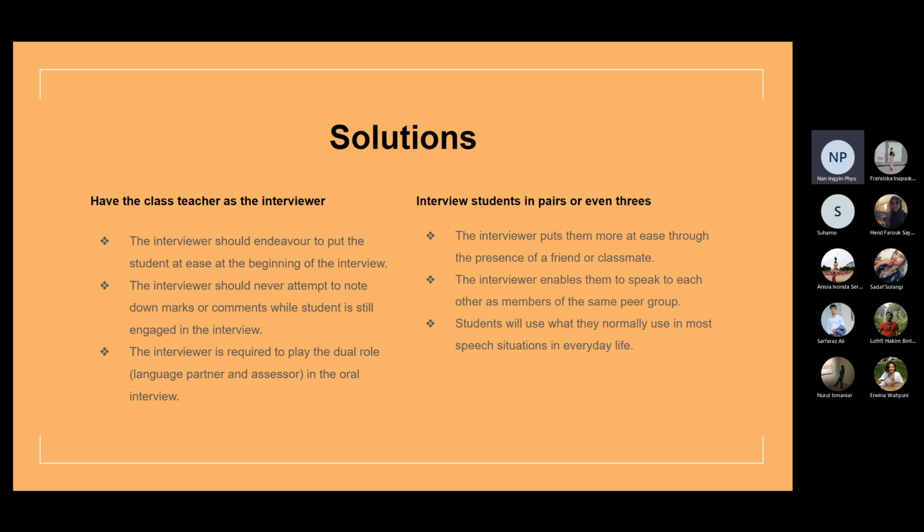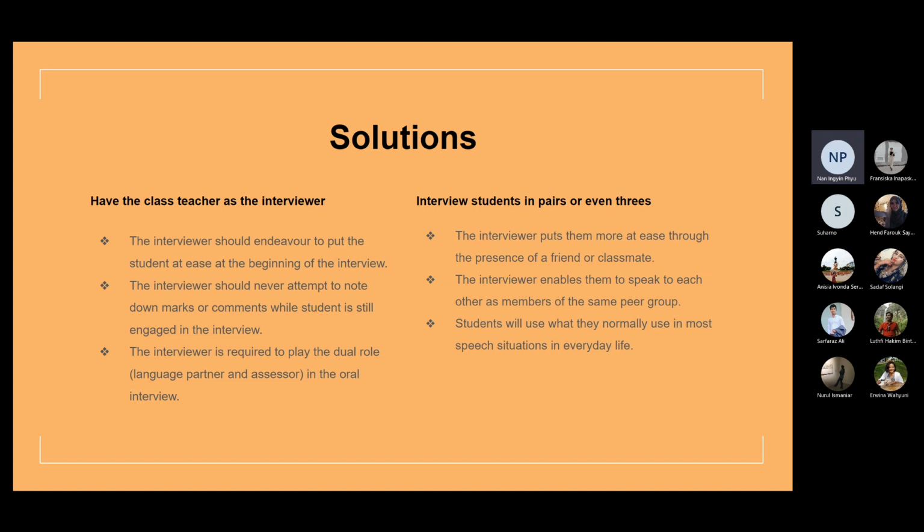For example, when the interview includes a role play, instead of working as a language partner, just let them talk to each other. It will help the interviewers more, and the students will also feel at ease. Since they are in a peer group, the students will be able to use their everyday speech.